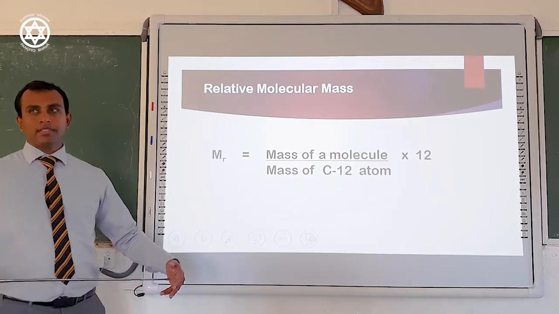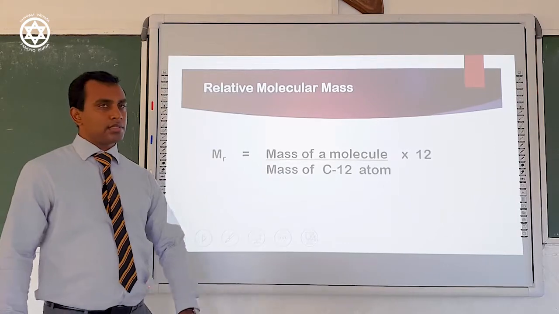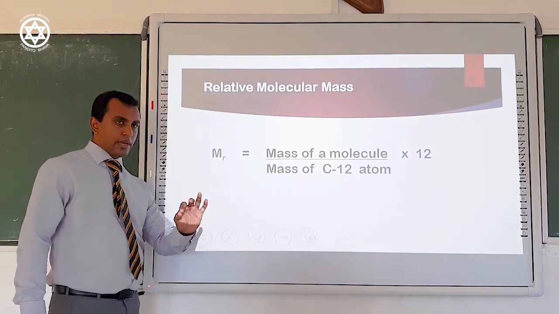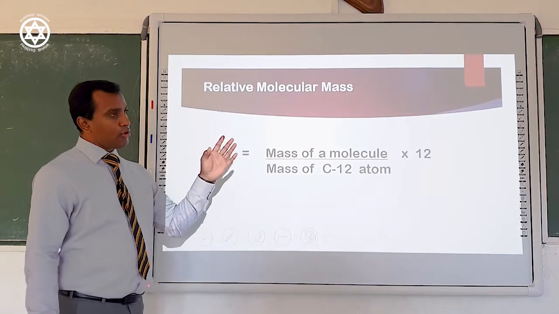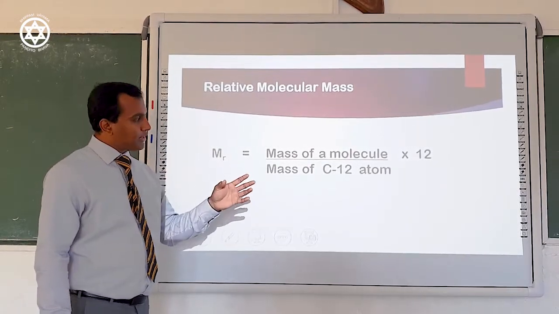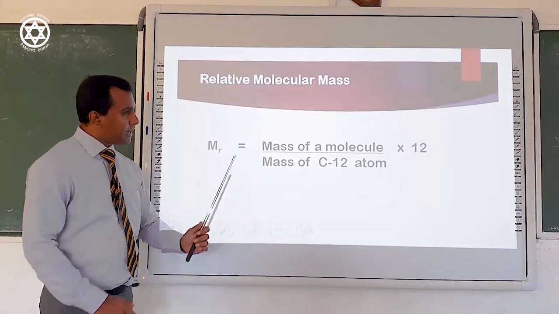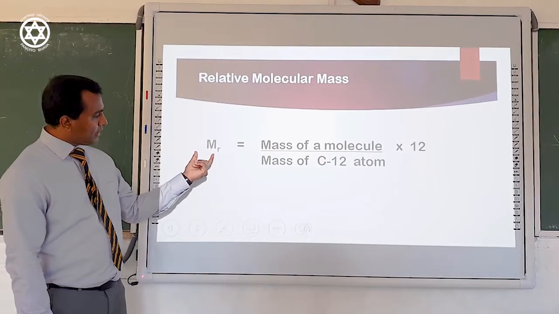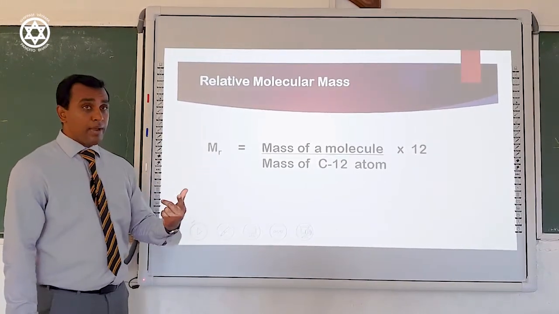Relative molecular mass. We have already discussed atomic mass along with the atomic mass unit, then relative atomic mass. Here we are going to learn about relative molecular mass. The word must be emphasized here as molecule. Relative molecular mass is written as capital M, small r.